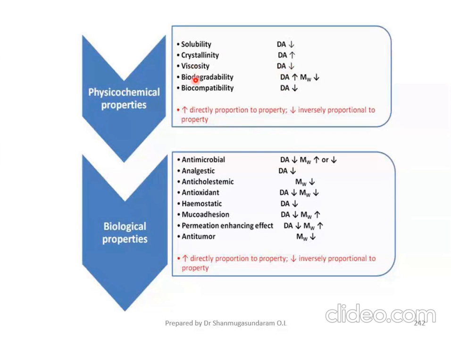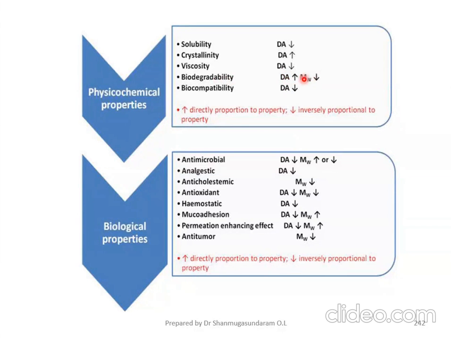Then coming to the biodegradability. Your degree of deacetylation increases, your biodegradability also increases. But biodegradability is decided by two factors. One is the degree of deacetylation, the second one is molecular weight.